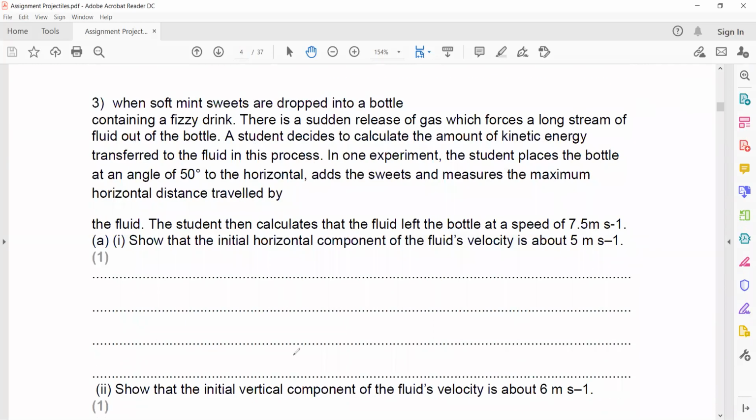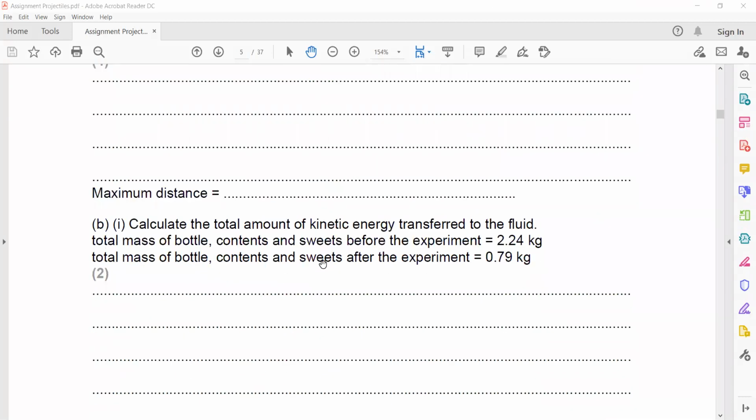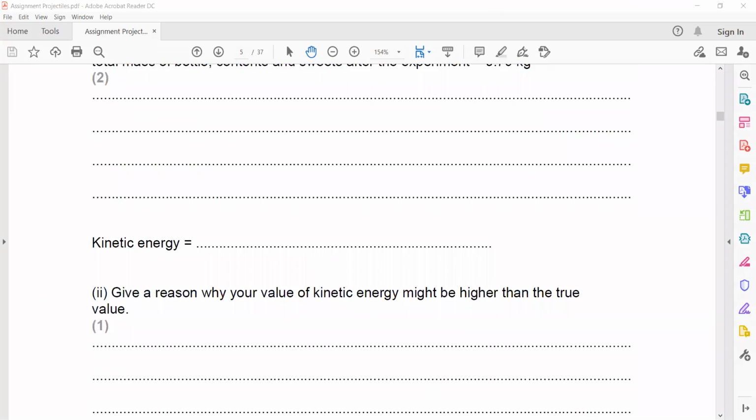When a soft mint sweet is dropped in the bottle, a fluid or liquid will come out and follow a projectile motion. So basically what they're asking is why the value which we calculate might be higher than the true value or might be lower than the true value.